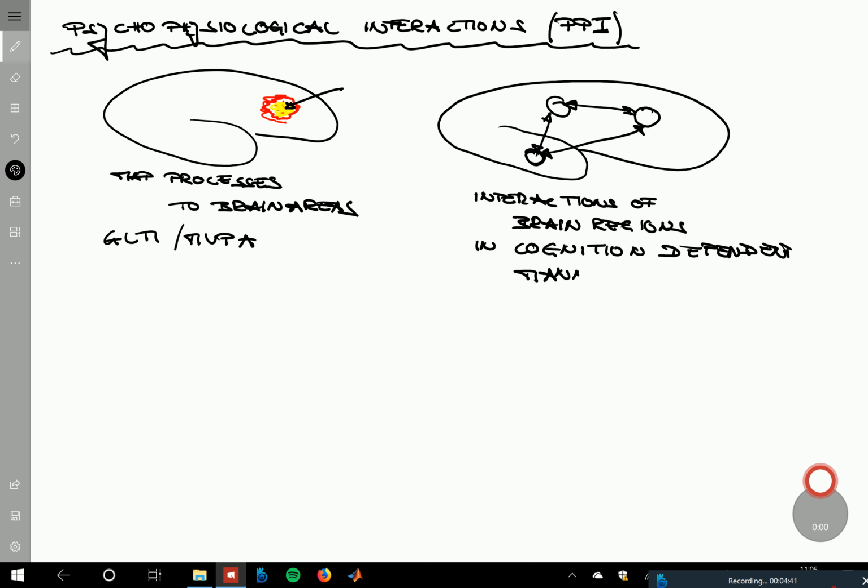These kinds of things are usually referred to as connectivity. And then you have these debates about effective versus functional connectivity.